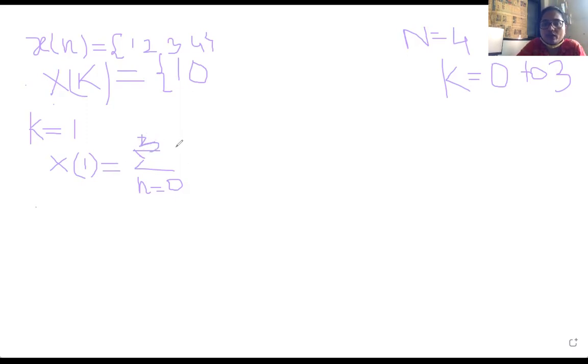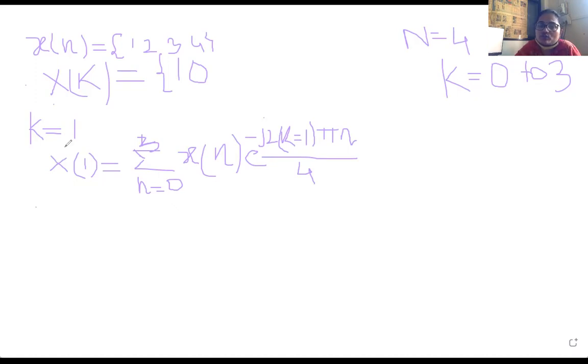So the summation of x of n into e raised to minus j 2 pi k n divided by capital N, where the value of k is equal to 1. So this is my equation. Now what I have to do? I have to substitute the value of n subsequently.